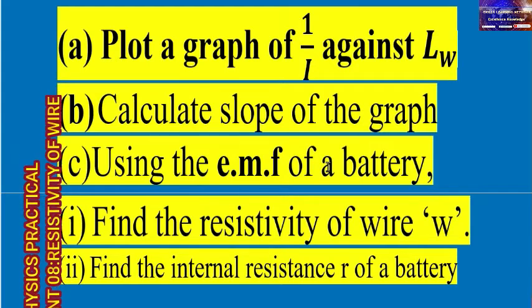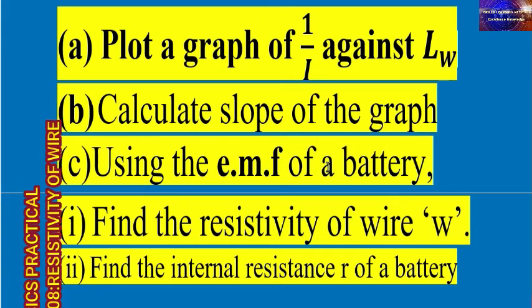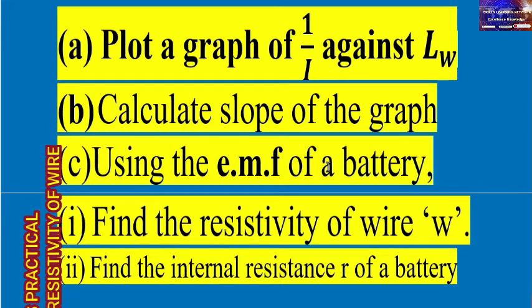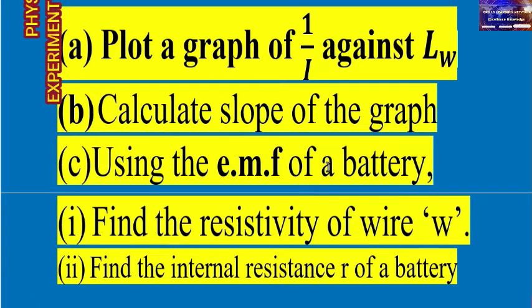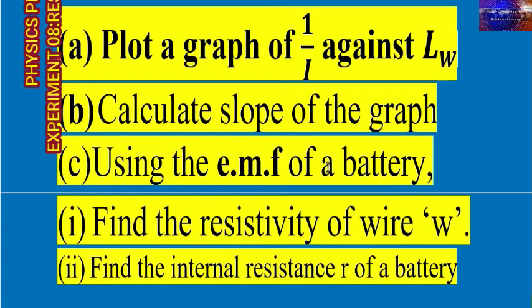If you record the EMF after the experiment, it will not be exact. So make sure you record the EMF of the battery before performing the experiment, or before connecting that battery. That is a very important point.